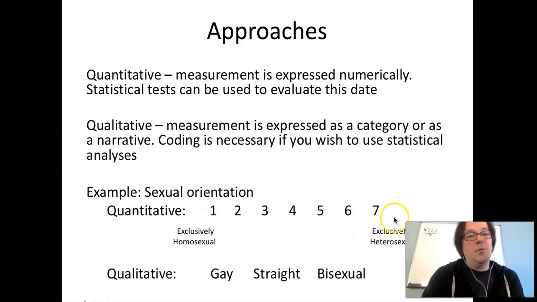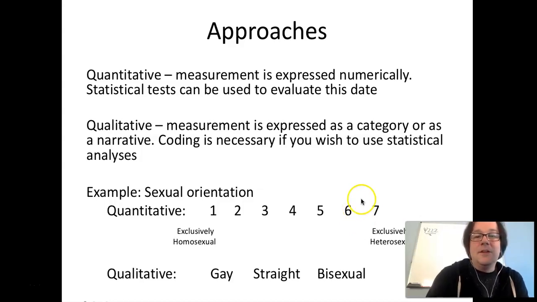Some people would argue that this really isn't an interval scale, because you don't get to choose like a 6.5 or 6.6 or 6.65, right? There's nothing in between them. A lot of people will actually argue that a scale like this, the Likert scale, is really just an ordinal scale.